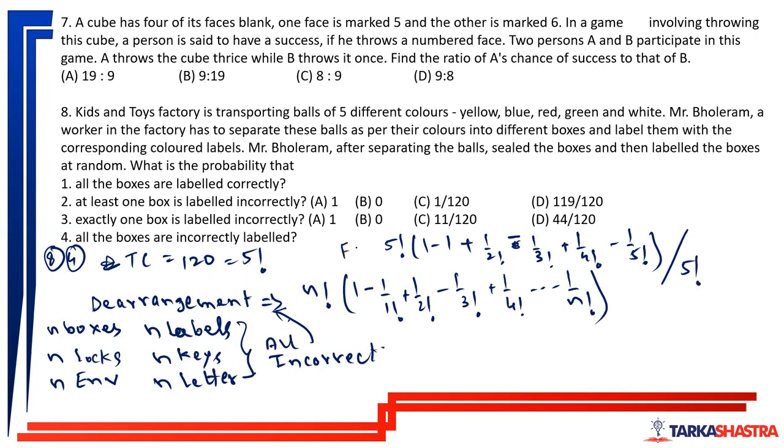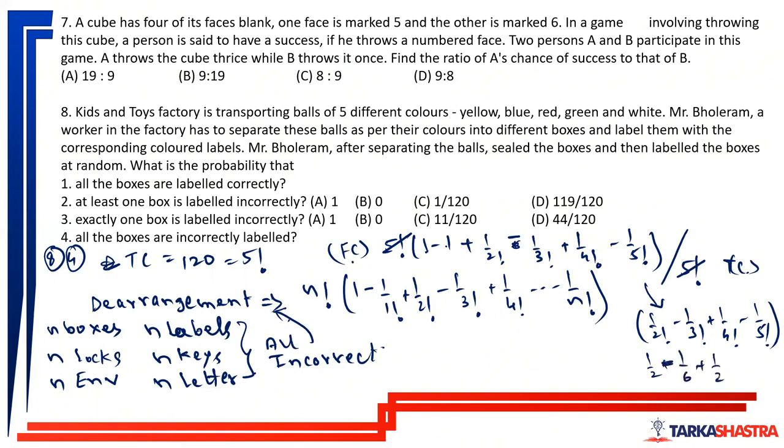These are my favorable cases, these are my total cases. This 5 factorial gets cancelled, 1 minus 1 gets cancelled. You get directly 1 by 2 factorial minus 1 by 3 factorial plus 1 by 4 factorial minus 1 by 5 factorial, which is 1 by 2 minus 1 by 6 plus 1 by 24 minus 1 by 120.